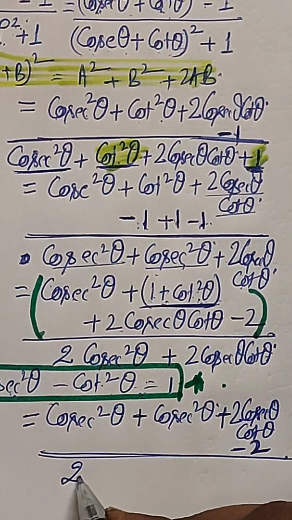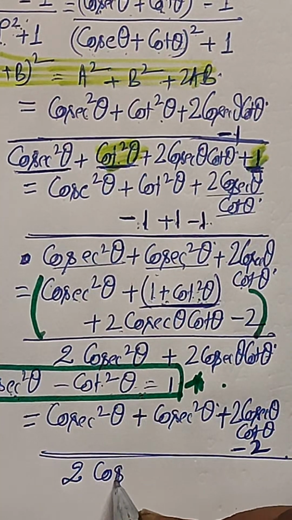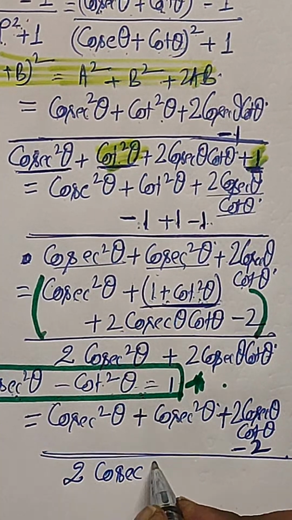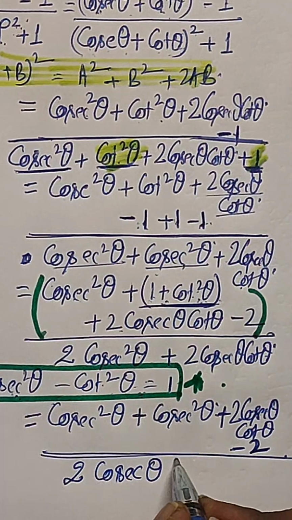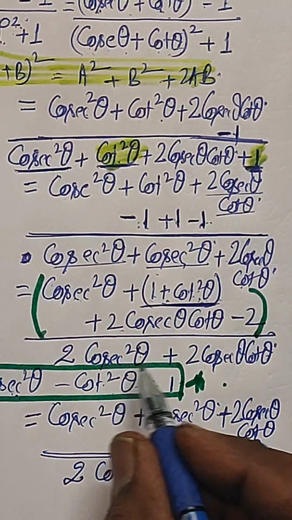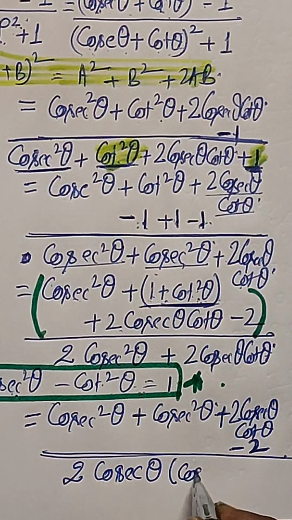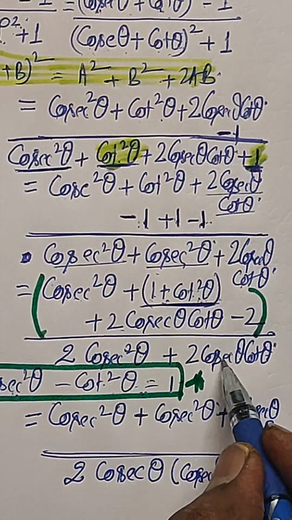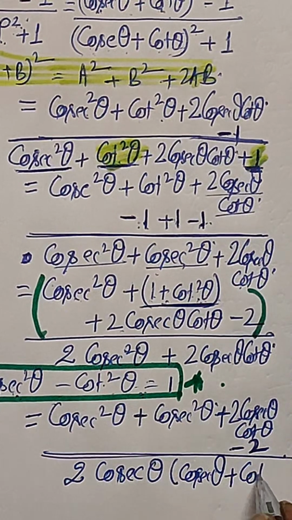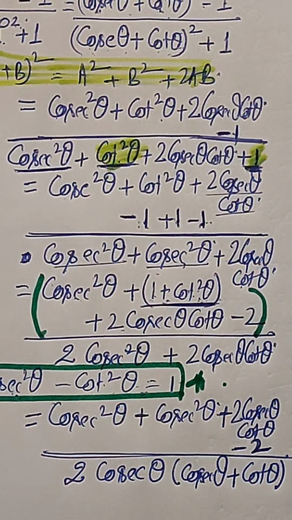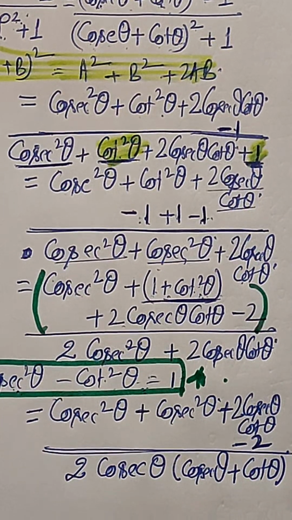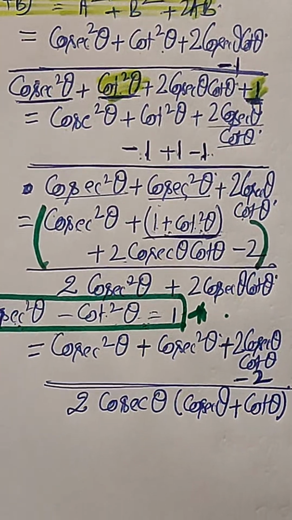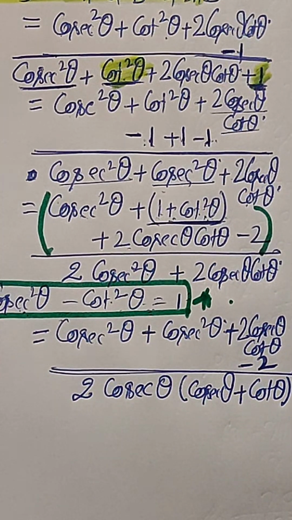So just take 2 cosec theta as common, and we have cosec theta plus cot theta, right? So from this, what is the next step?